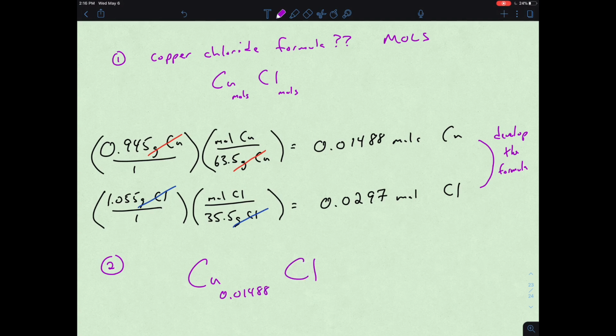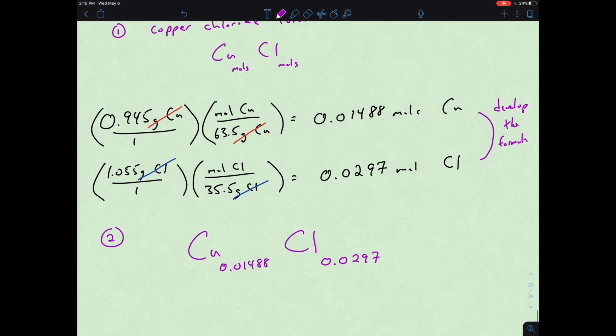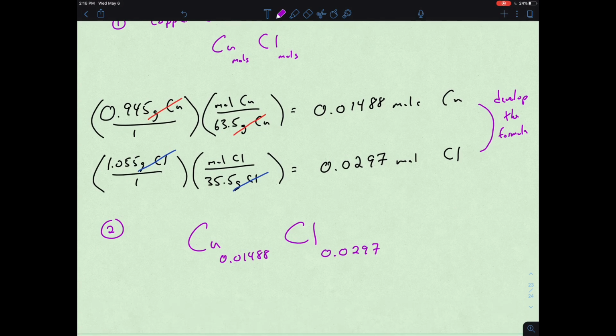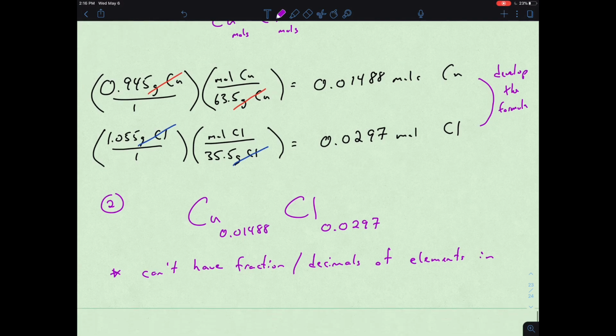And we have chlorine, which is 0.0297 moles of chlorine. We can't have fractions or decimals of elements in a formula.